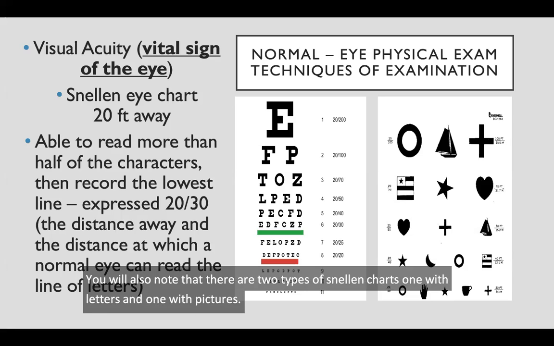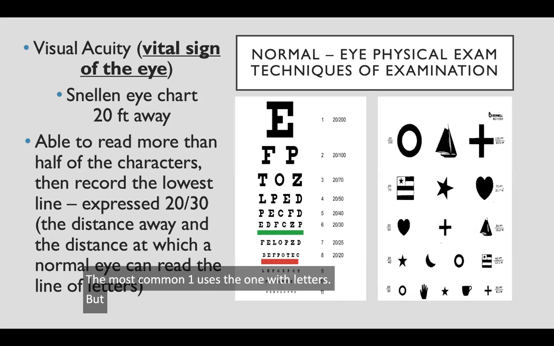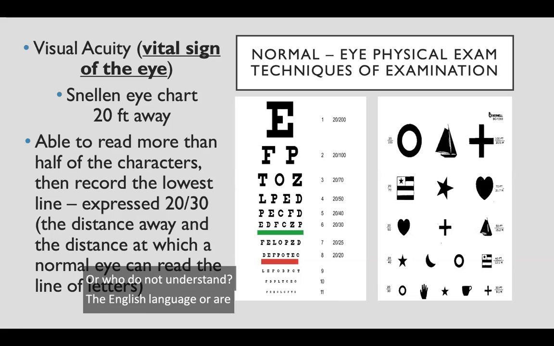The most common one used is the one with letters. But for patients who are young or who do not understand the English language or are illiterate, the pictogram may be more comfortable for them. Both are acceptable and both can be used interchangeably.